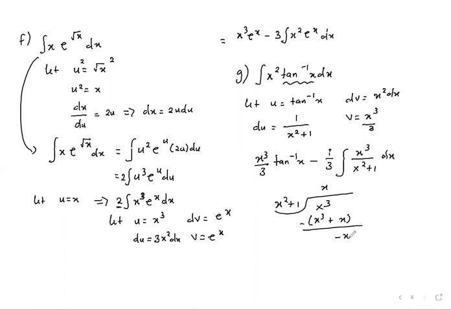Then we know that integral x cubed over x squared plus 1 dx becomes x minus x over x squared plus 1. So we're integrating this whole thing.